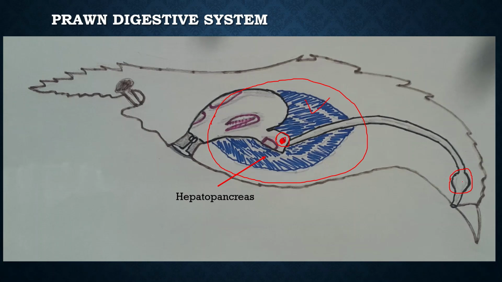From the undigested material some of the water is reabsorbed again, and the remaining material is thrown outside of the body with the help of the anus. This is about the digestive system and digestion of the prawn.